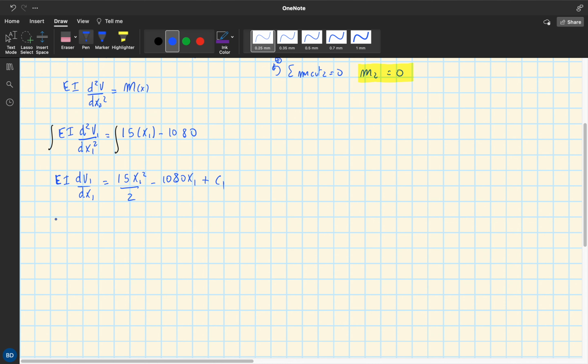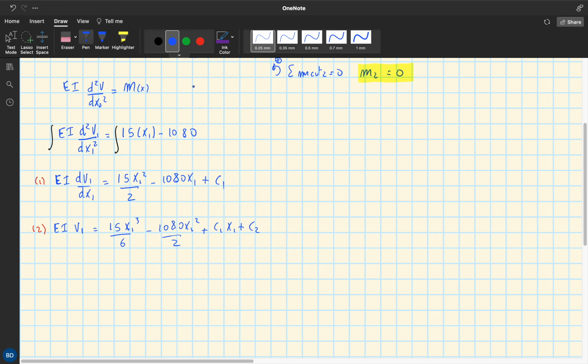And then if you take another integral, we have EI v1 equal to 15 x1 to the third over 3 times 2, which is 6, minus 1080 x1 squared over 2 plus c1 x1 plus c2. Okay, so we have equation 1 and equation 2 that we are going to be using later on.